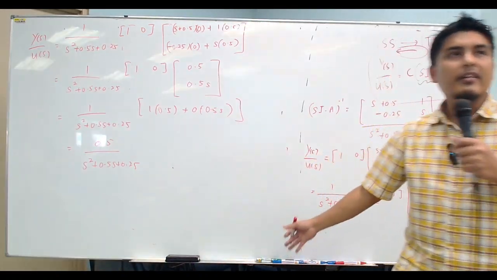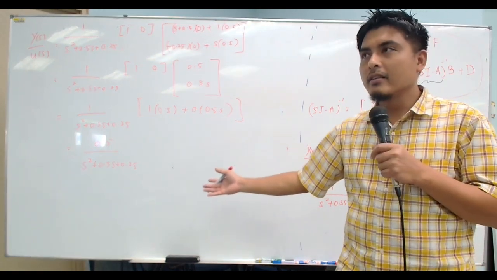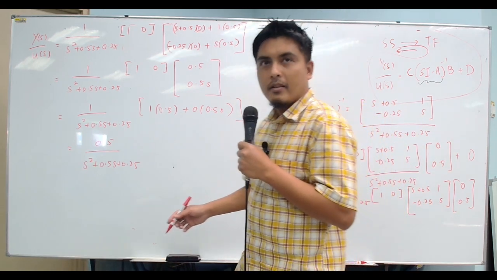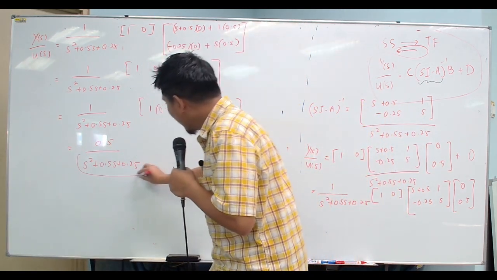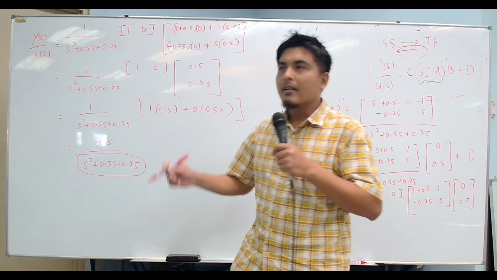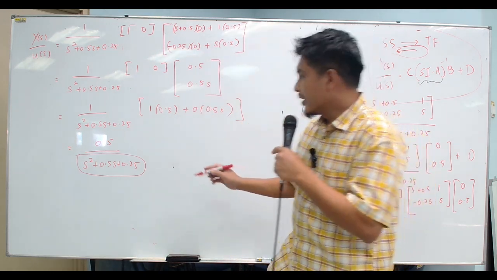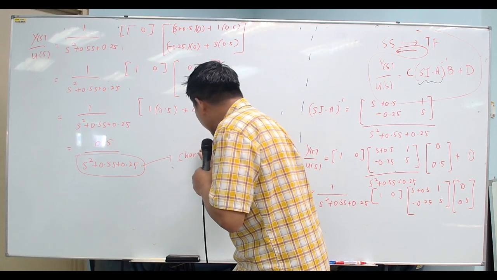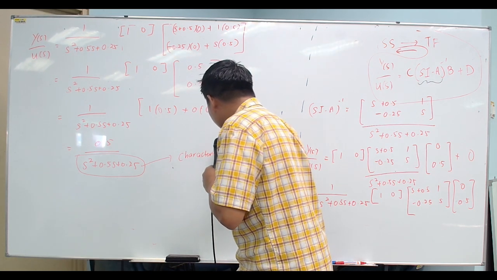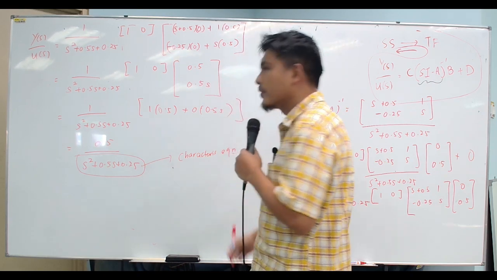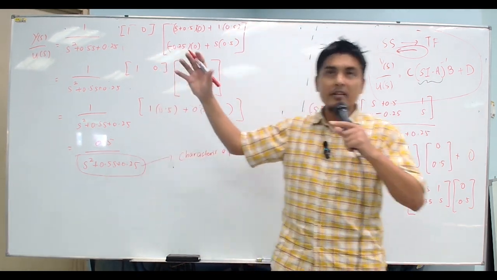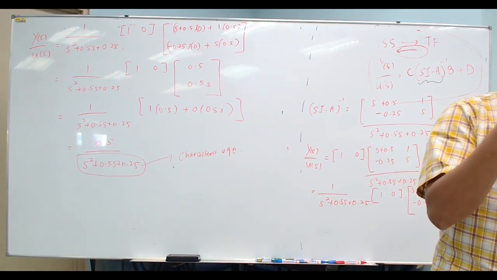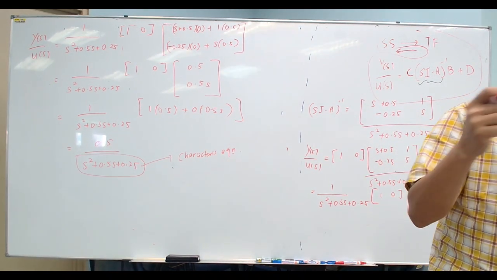The question is, is it stable or unstable? How do you determine stable or unstable? In the transfer function, the denominator equation is named the characteristic equation.